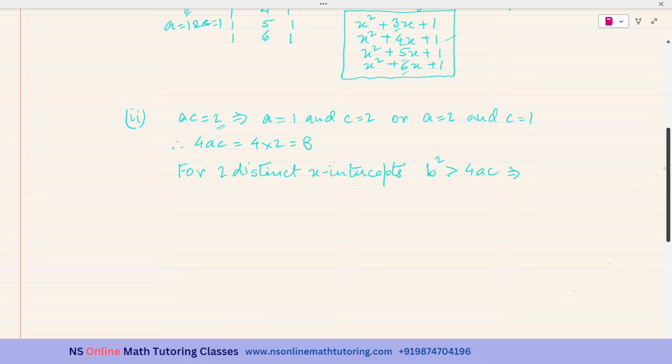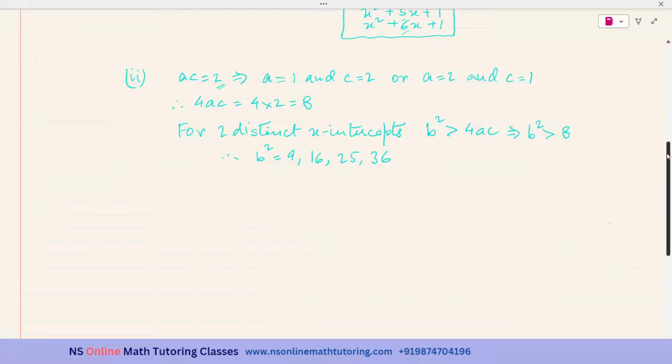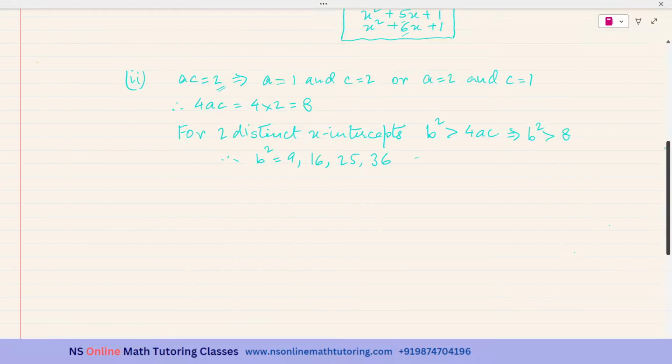So B square should be greater than 8. Therefore, what can be the B square values? B square can be equal to 9, 16, 25 and 36, same as before for this part I. So B values are 3, 4, 5 and 6.